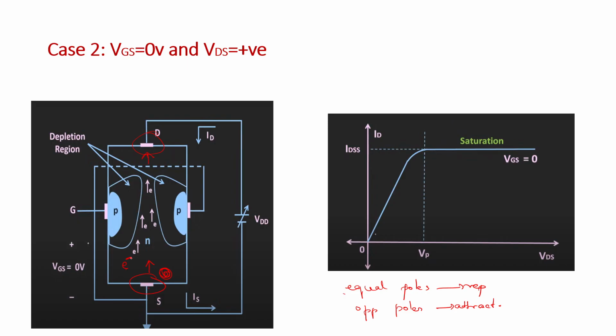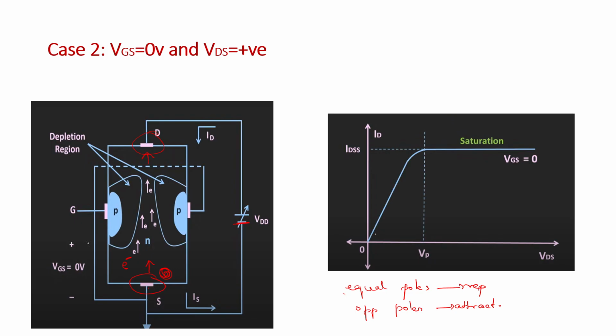The negative of the electrons can be repelled only by the negative of the battery. So the negative of the battery repels the electrons, and they are then to be attracted. That can happen by connecting the positive of the battery. So this plus polarity attracts the electrons towards the drain. So the movement of electrons takes place from source towards the drain.